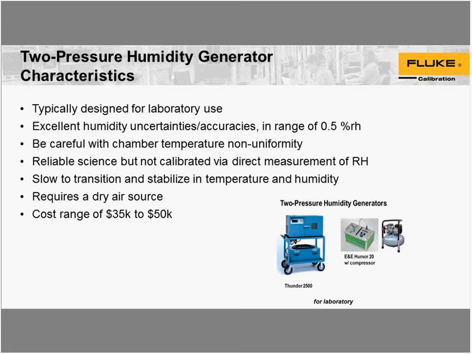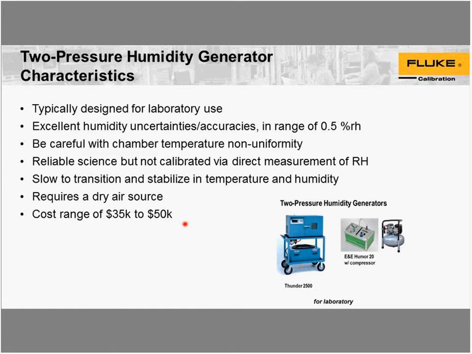They also require a dry air source, so sometimes they'll have an onboard compressor, because you have to run the air pressure fairly high, up around 100 psi for the saturator, and it has to have a dryer on it. So be careful. If you're using a shop air system, make sure that you have the air dried and clean, oil-free. And then here's the range of a two-pressure humidity generator.